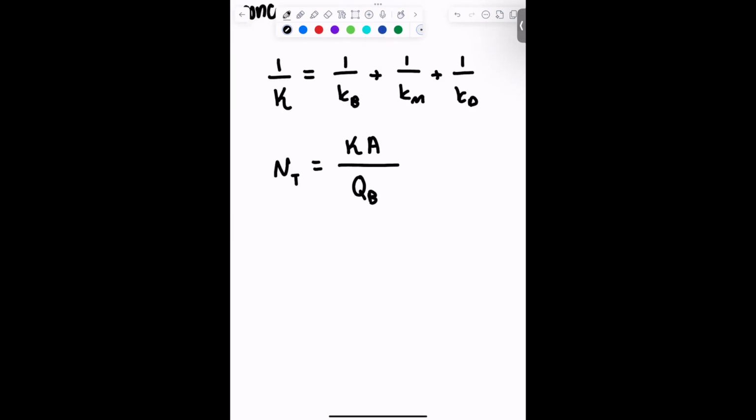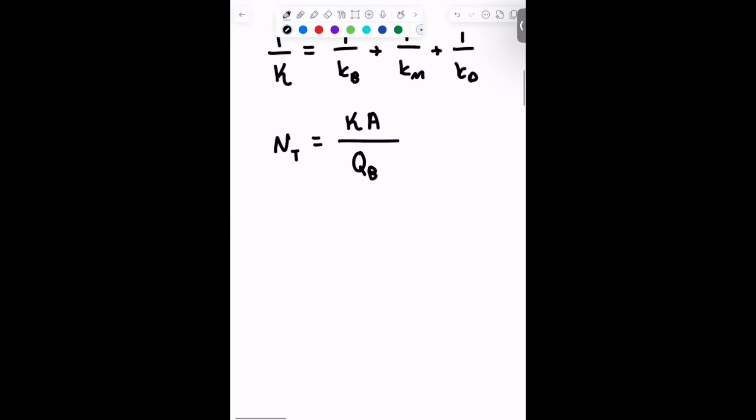So in order to define the efficiency, which we're going to call E, that's going to equal CBI, which is the concentration at the blood inlet, minus CBO, which is the concentration at the blood outlet, over CBI, again, minus CDI, which is the inlet dialysate concentration.